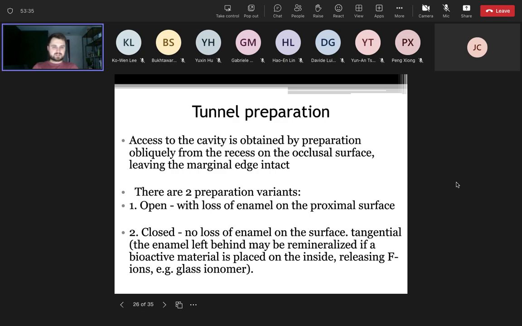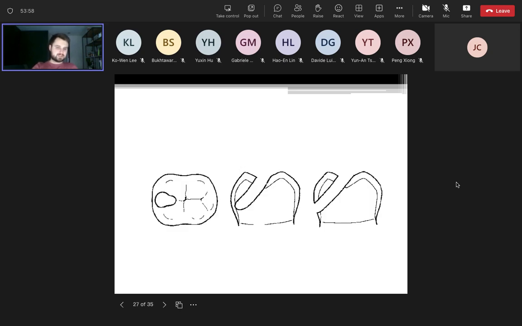The first one is open tunnel preparation, when we make an opening on the proximal surface and on the occlusal surface of the tooth. The closed tunnel preparation is when we leave untouched enamel on the proximal surface. This is a little bit harder for us to perform.